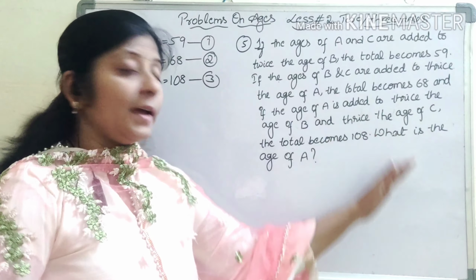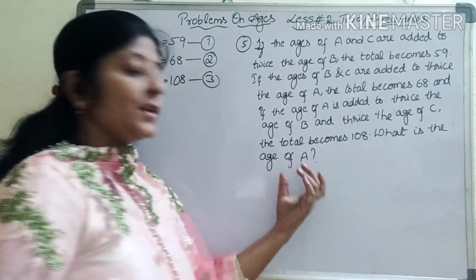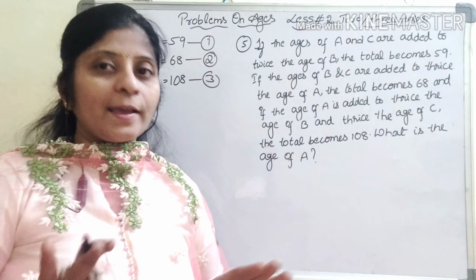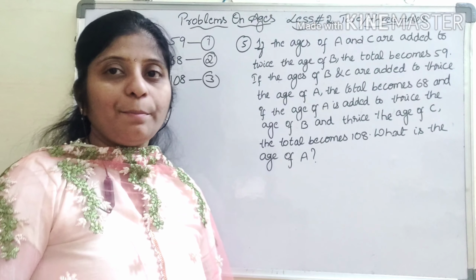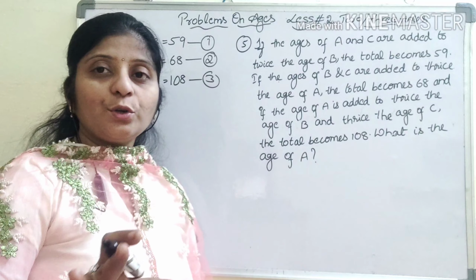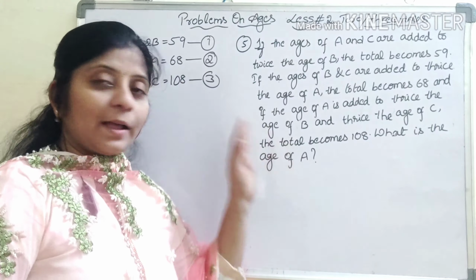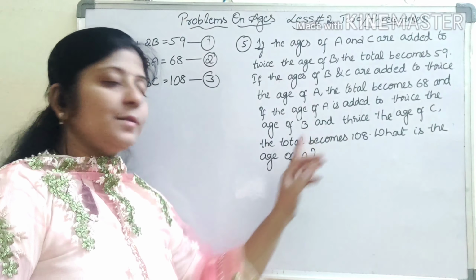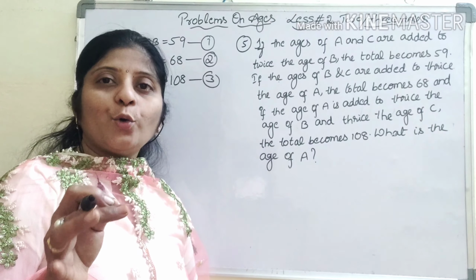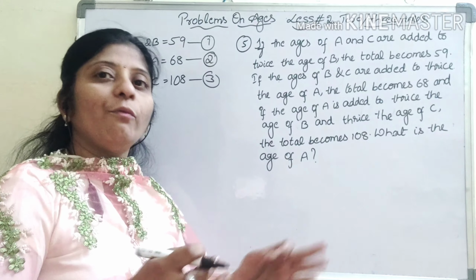If you see further the question, what is the age of A? He asked the age of A only, not B and C. So you have to complete reading the question, and then only can you see for which value we have to find out.